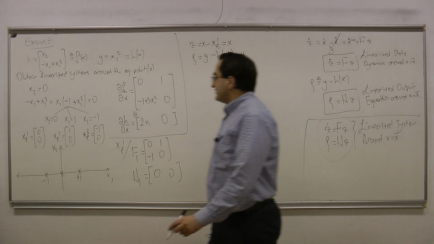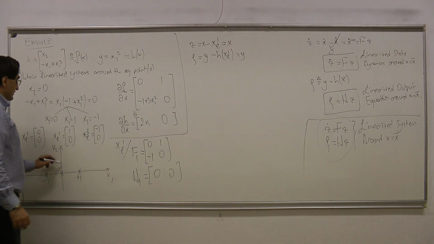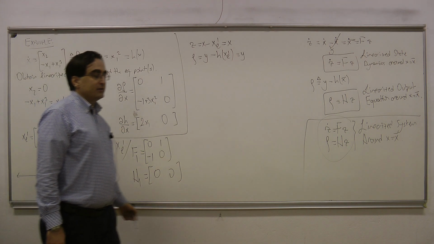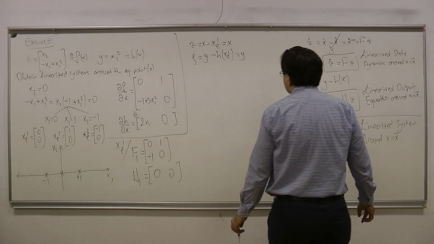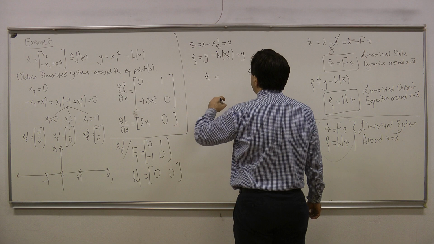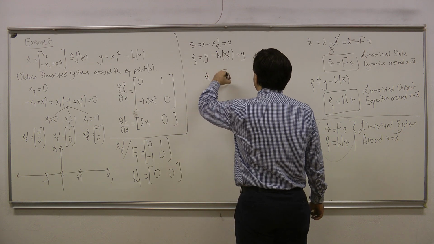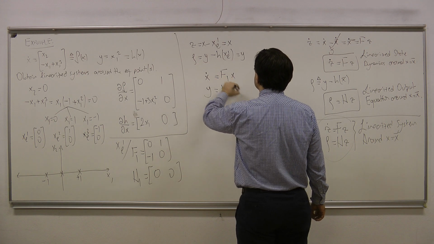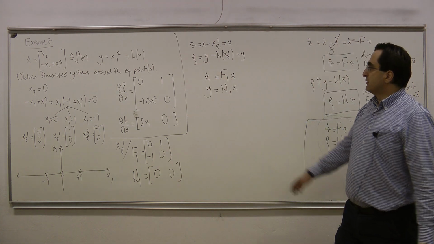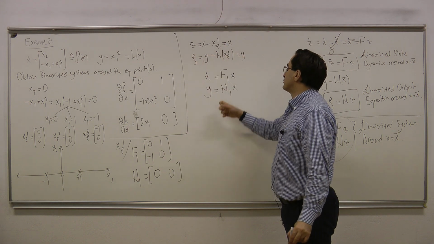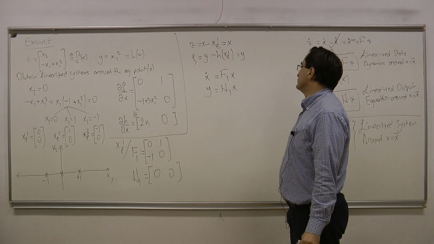So for the linearized system approximation around the equilibrium point at the origin, we really do not have to define these new state variables. So I can actually write the linearized system as x dot equals F1 times x, and y is equal to H1 times x. Here I really do not have to use the variables z and rho, so I have just used this.